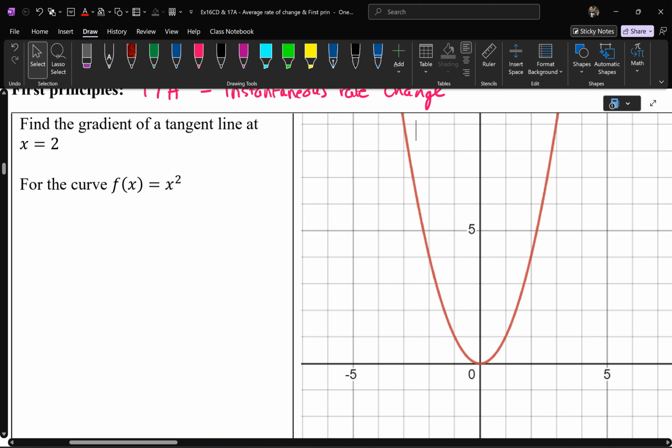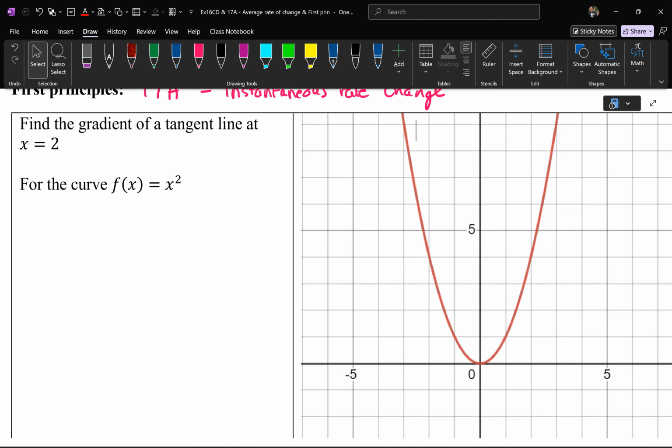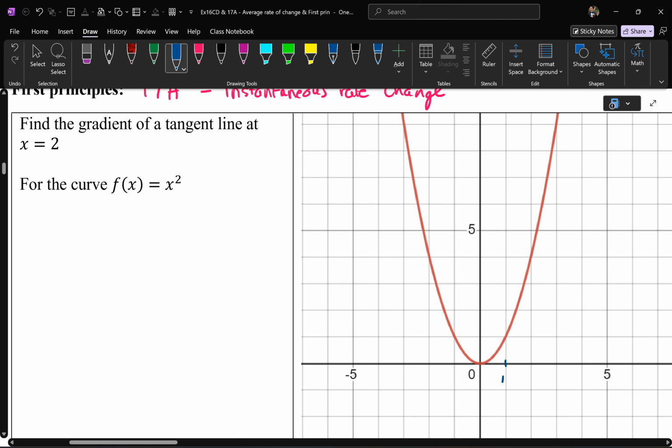Let's say I want you to find the gradient of a tangent line. So I'm going to draw a line, the instantaneous rate of change, at x equals 2. So where's x equal 2? Here's 1. Here's 2.